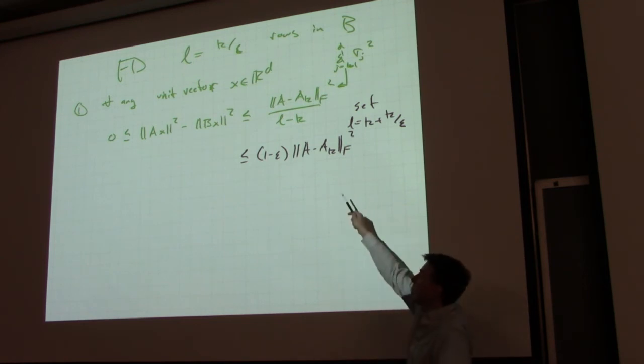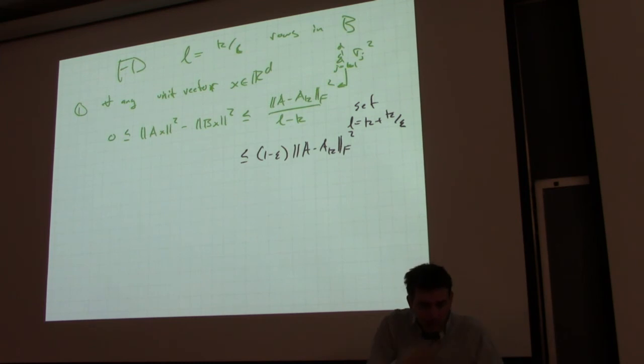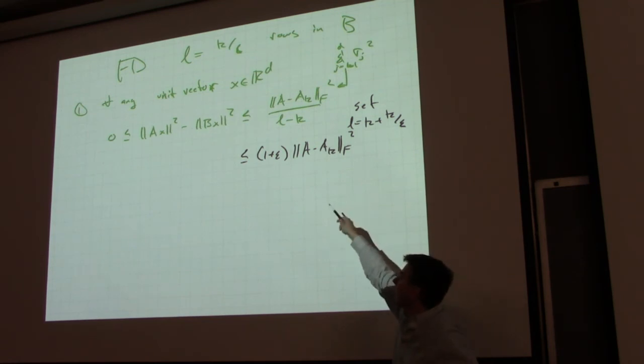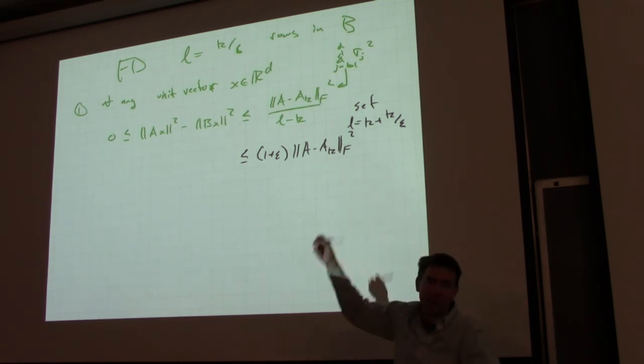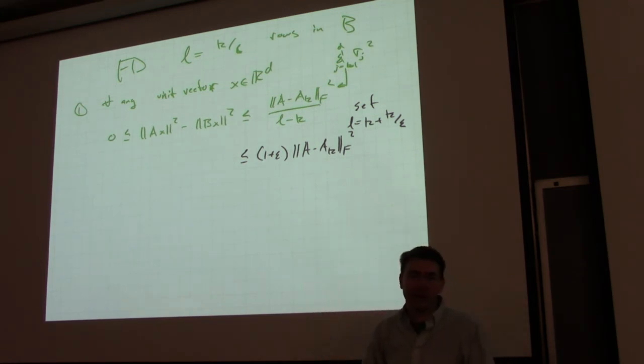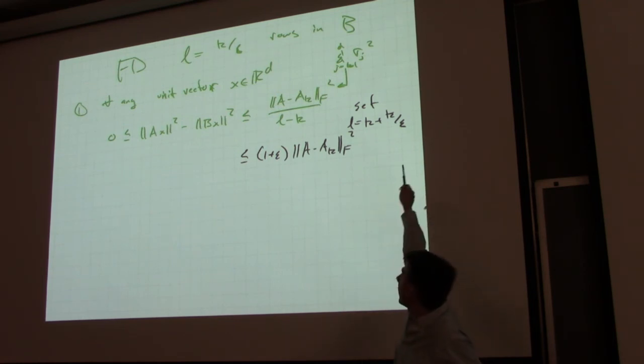I can get up to 1 plus epsilon, right? So up to an extra 10% of the noise in the tail, with an extra k over epsilon rows I maintain.